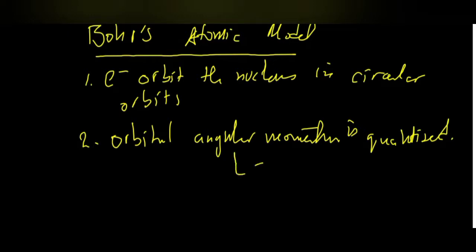The equation relating that is orbital angular momentum is given by n times Planck's constant over 2 pi. Planck's constant is 6.626 times 10 to the power negative 34 joule second.